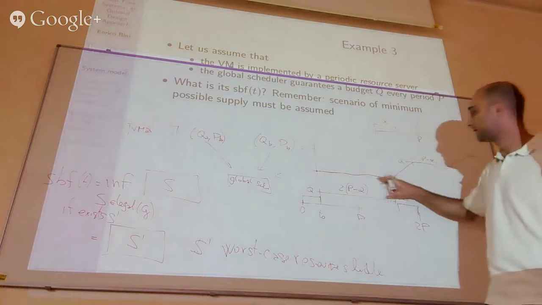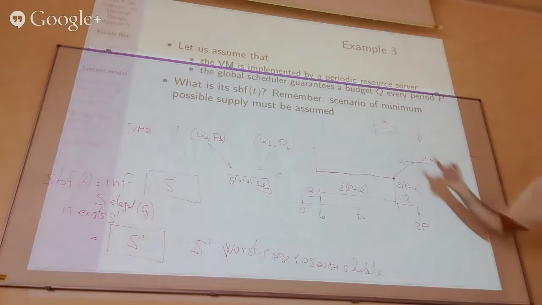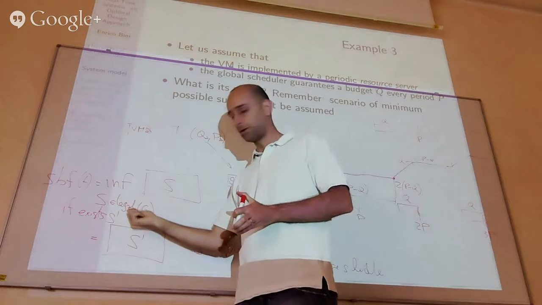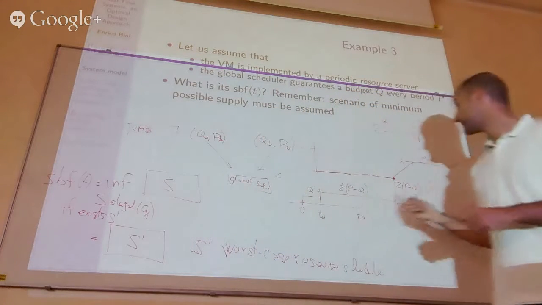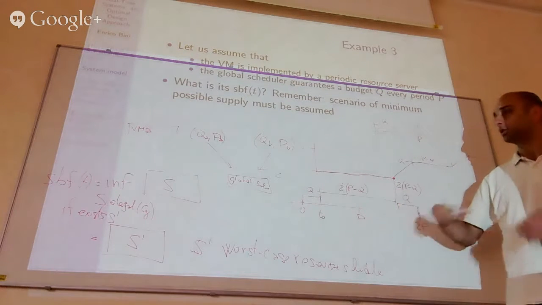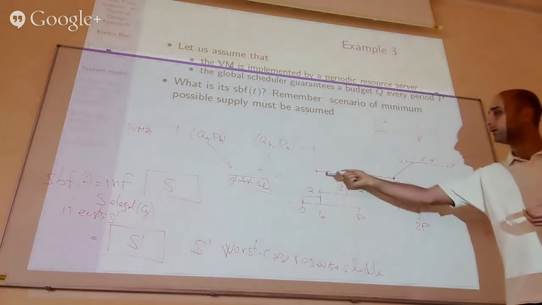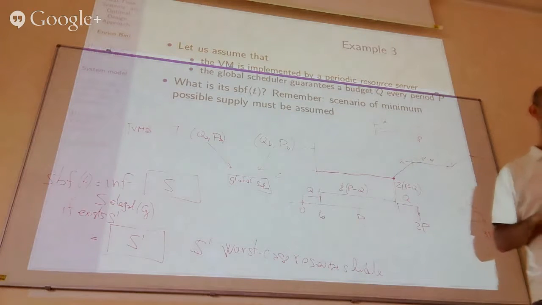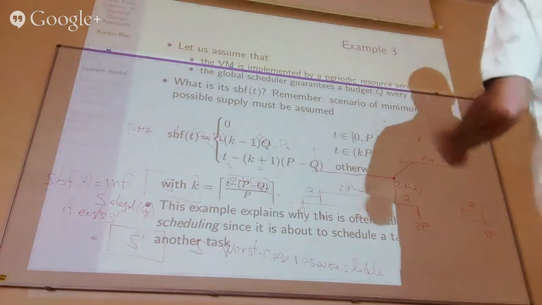Then this interval would be just P minus Q. Instead, with the degree of freedom of allowing the resource schedule to be anywhere in the interval between 0 and P, you add an extra degree of freedom onto the infimum, and of course this is going to be smaller than this function. Okay? And in formula, you write it.